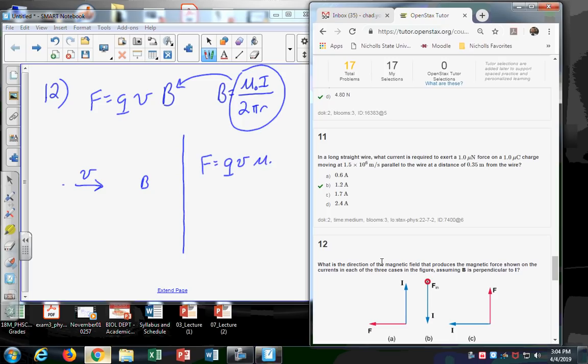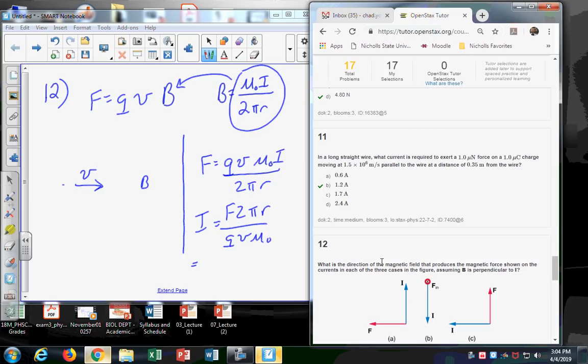And I get F is equal to QV mu naught I over 2 pi R. And then I can solve for I, which is what I'm looking for. So that's I equals F 2 pi R divided by Q V mu naught.